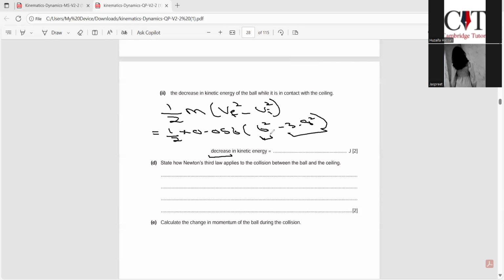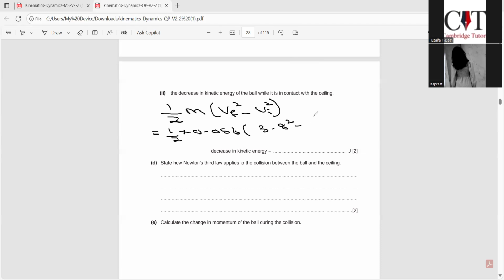But isn't it like final velocity minus initial? Actually, you can do it, but if I do it like that, minus 3.8 square, wait. We have to take the direction of velocity as different, so it will still be the same.